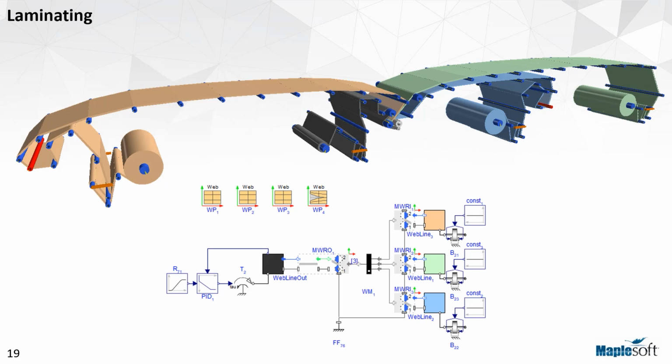Now in the block diagram, you see corresponding blocks or squares to the colors of the web lines above, and these represent subsystems that you can create when building models in MapleSim. You can see from the 3D visualization that it's 3 unwind drums that are coming together to create the laminated web. And from the block diagram on the bottom, you can see all the 3 different brakes that are then controlling the unwind drums.